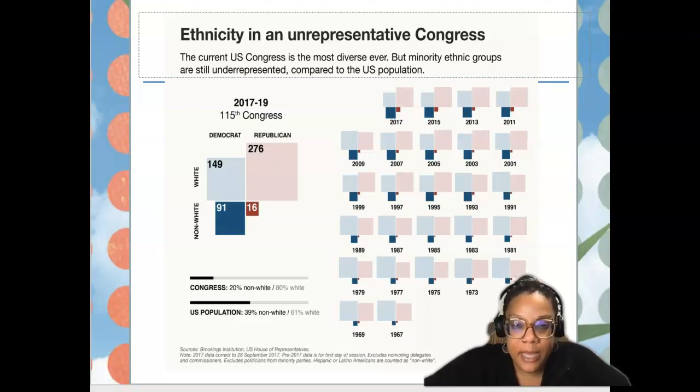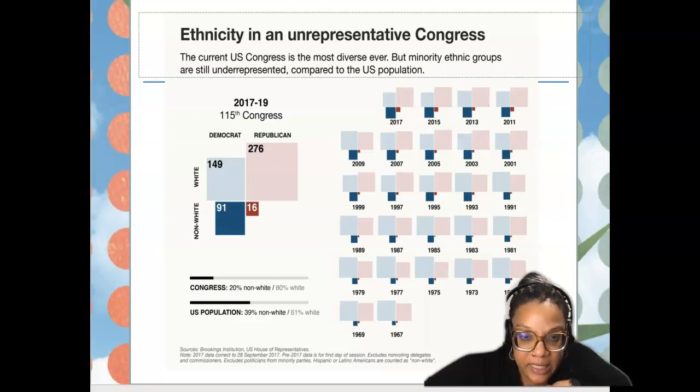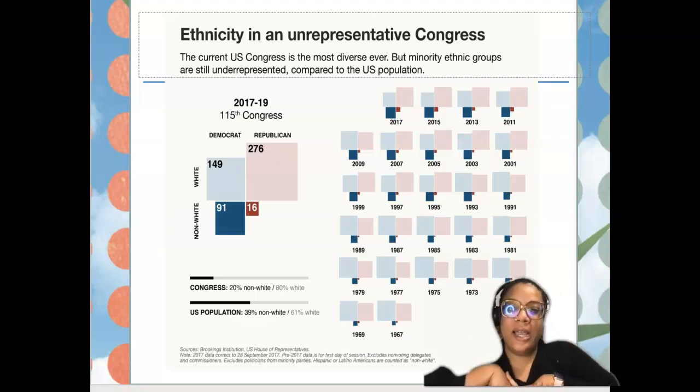And it seems that what we're seeing over time is, what are we seeing over time? We're seeing more non-white members in the Democratic Party starting in 1967 here, and we see it steadily growing over time.